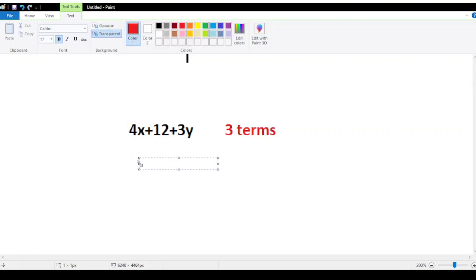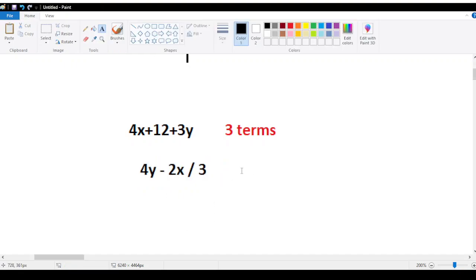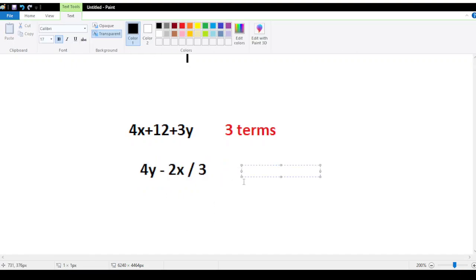Okay, now another example. Let's say 4y minus 2x divide 3. How many terms I wrote? 3? No. We said it what? Look here. What separate terms?